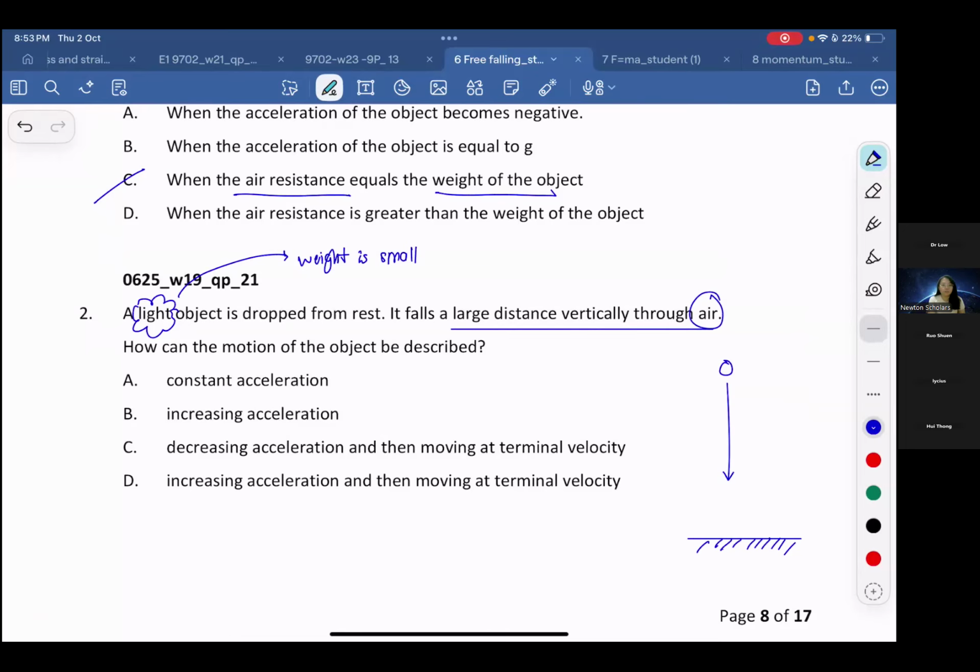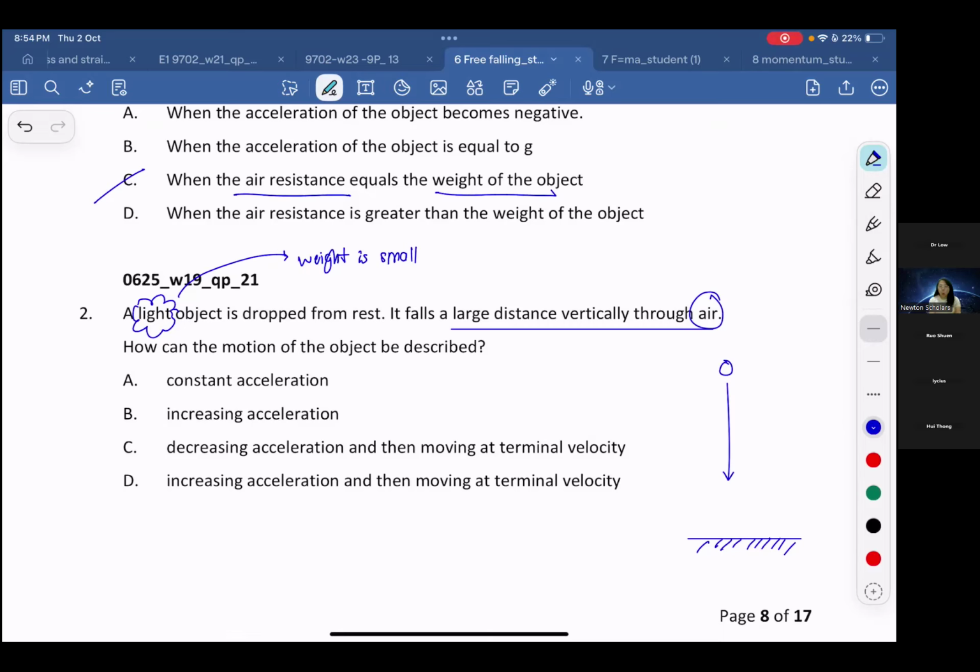A, B, C, D. Any others? You don't have an idea what the answer for this question is?